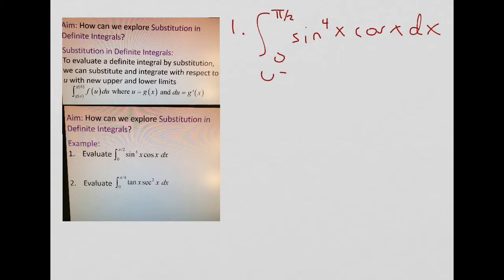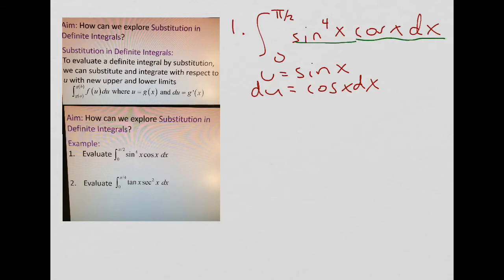Since sine of x is raised to the 4th power, that would be our u. And our du, taking the derivative of both sides, is cosine of x dx. So now we can substitute that with du, and this would be u to the 4th.